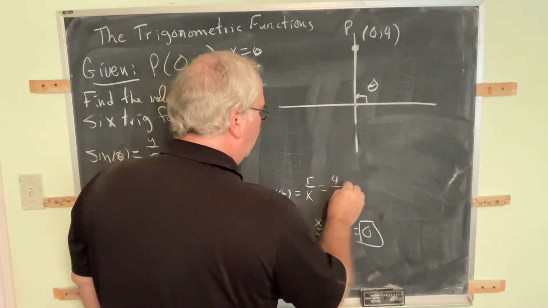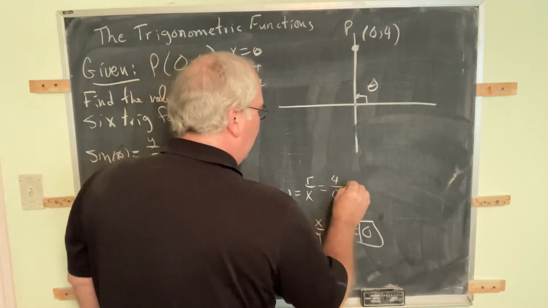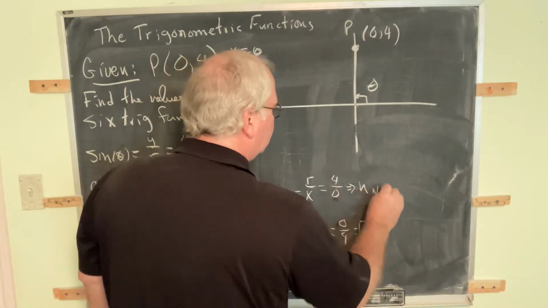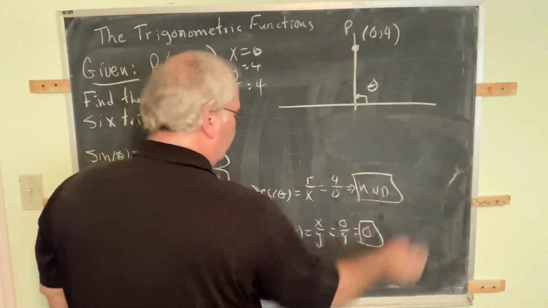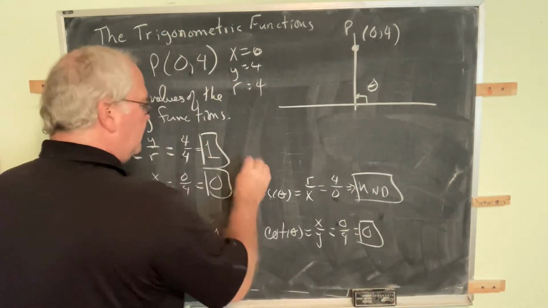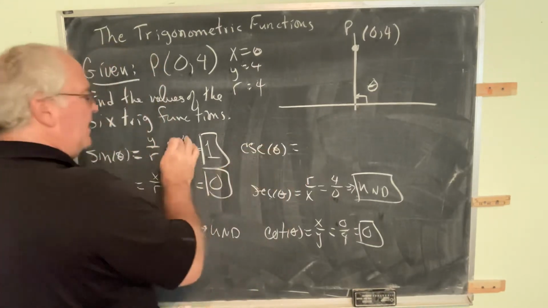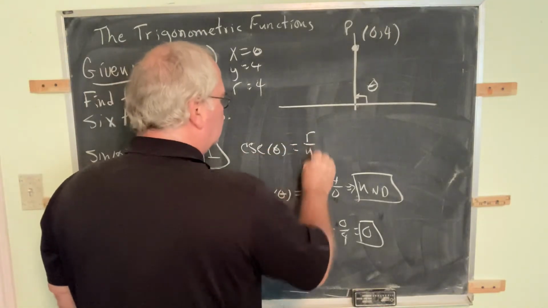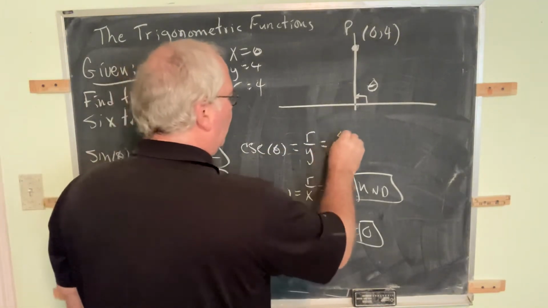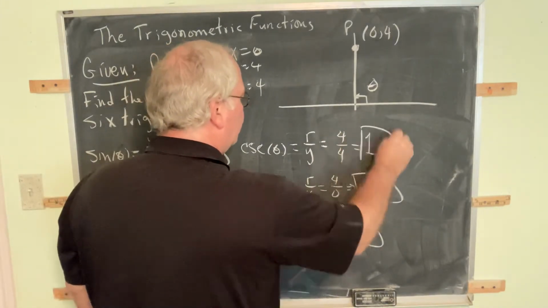This is 4 over 0. Again, 0 in the denominator, don't do that. This is undefined. There is no value. And then cosecant. Cosecant theta is r over y. R over y is 4 over 4, and again, it's probably not asking too much to say that's equal to 1.